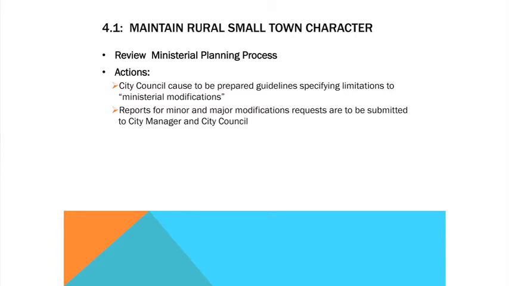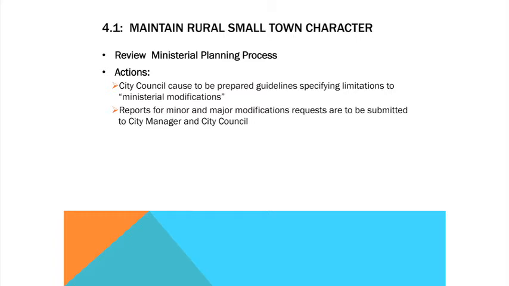This related to the review of the ministerial planning process, and a couple of the actions that we identified, specific to the council, were that they look at ways to prepare guidelines that would specify limitations on any ministerial modifications, so that there's a clear process as to where exemptions lie and where they don't.